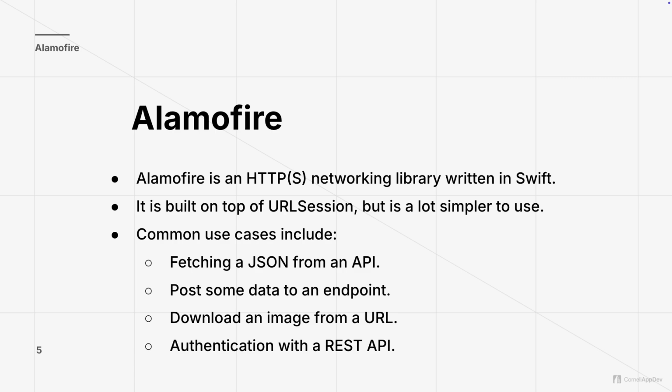But it's honestly a lot simpler to use Alamofire because they make everything really nice for you. Common cases that we can use Alamofire for are fetching JSON from an API, putting some data to an endpoint, downloading an image, or using authentication with a REST API. We won't be going into these 2 over here, but that's just some stuff you can do.